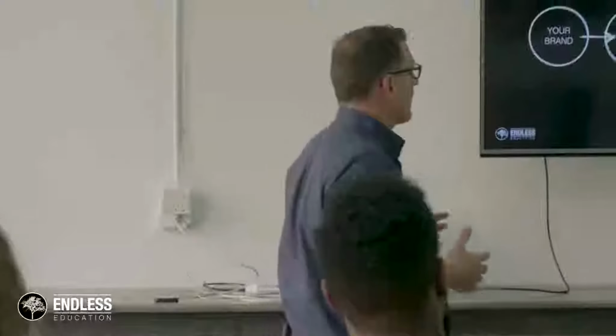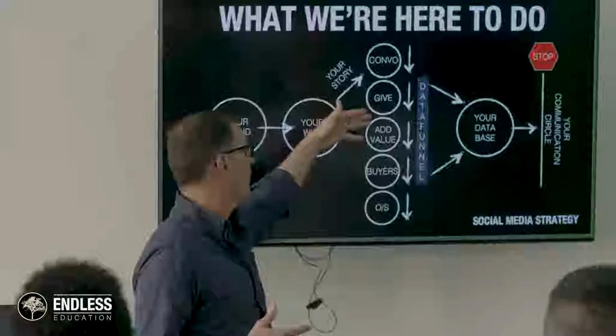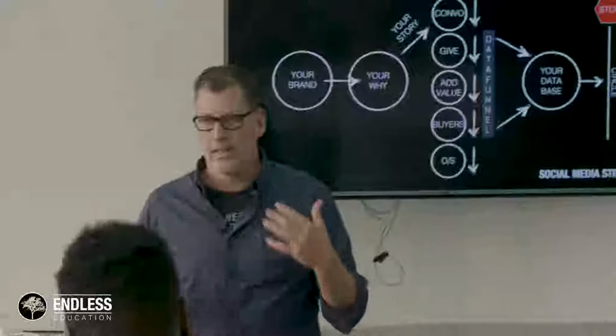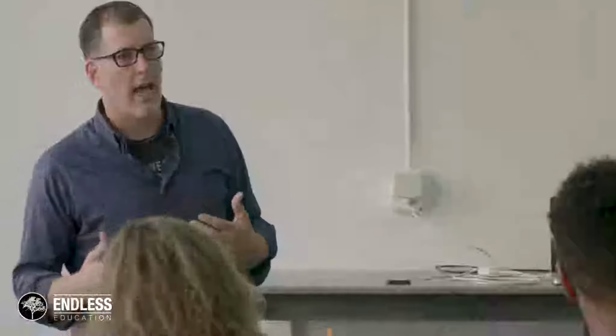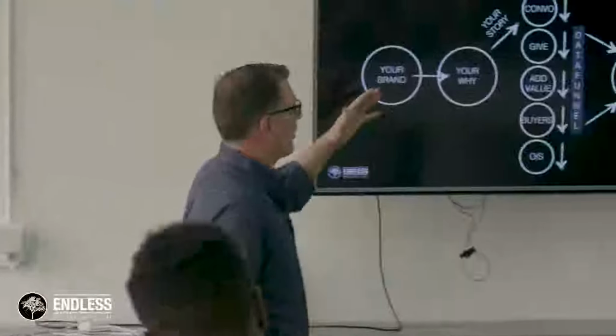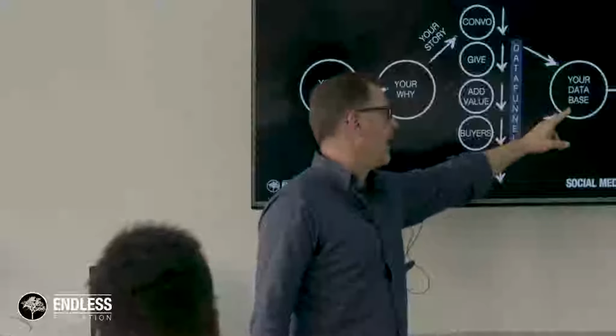And we're taking the conversation on social, the give model, adding value, knowing your buyers, and then ultimately the difference between organic and spend. And there are probably more categories. These are the ones that I'm focusing on today. But the goal here is to learn a little bit about these and understand how these help you collect data.